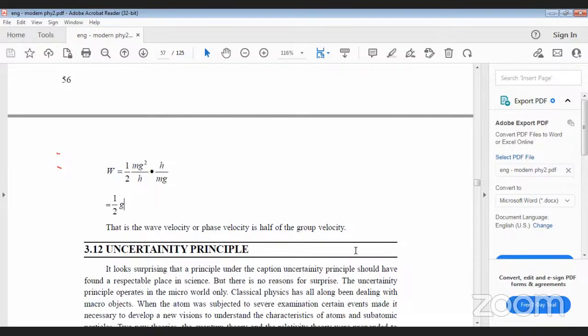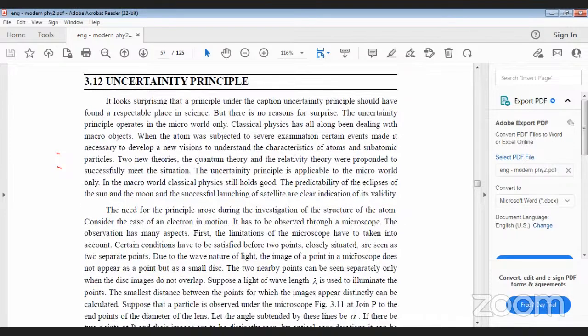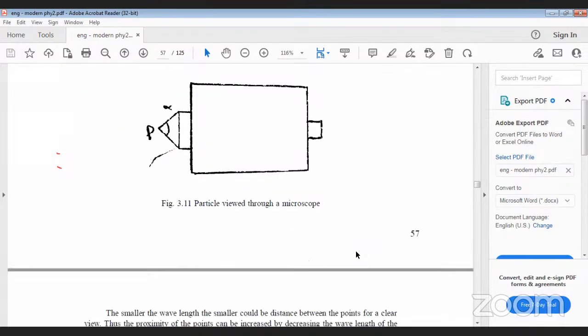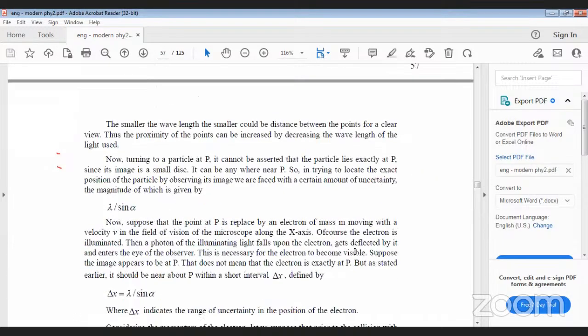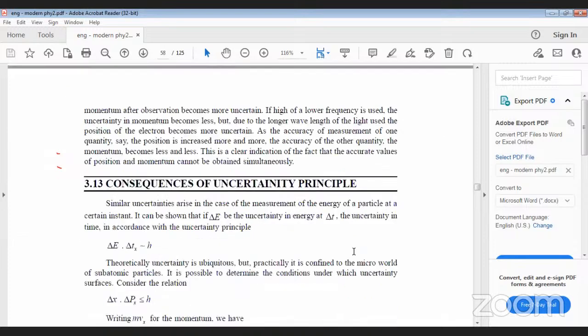Next, the uncertainty principle. This may be asked as a short question, but not an essay.